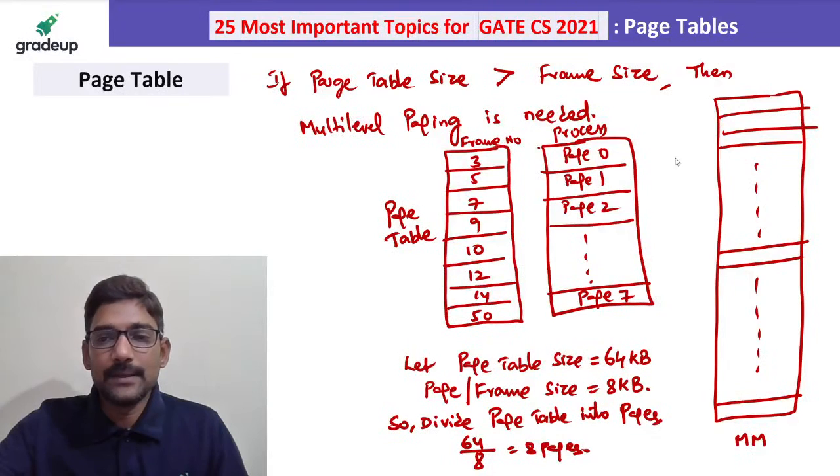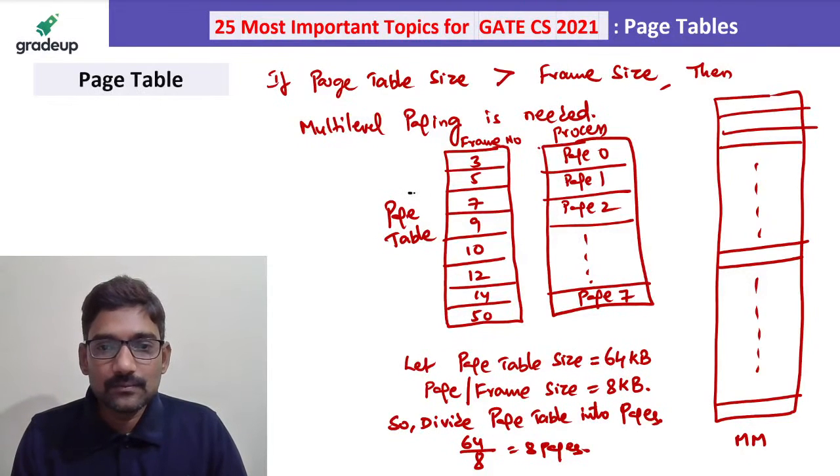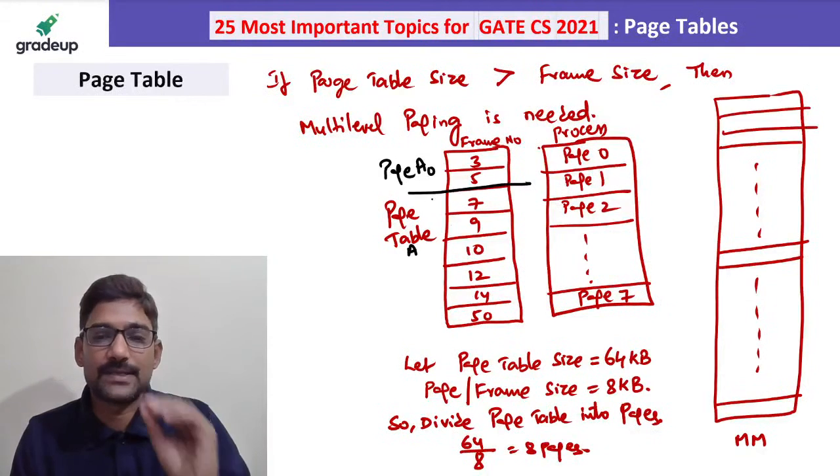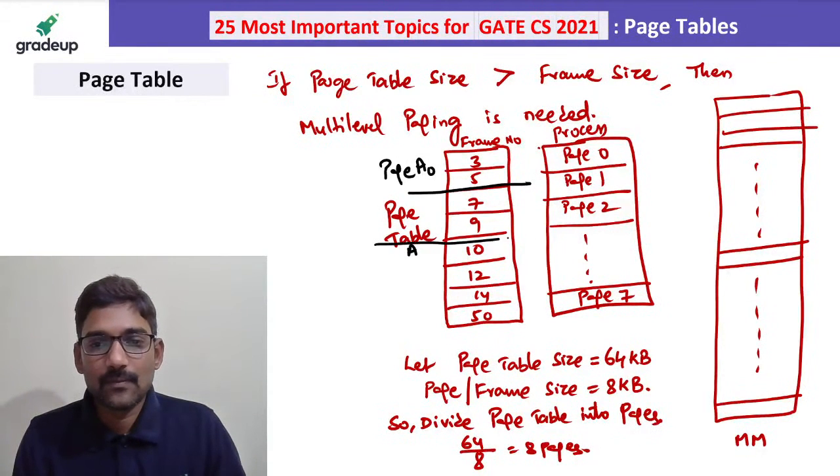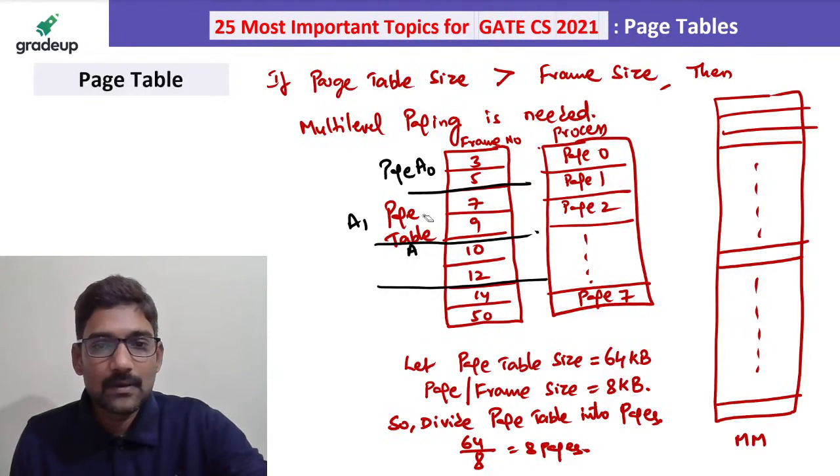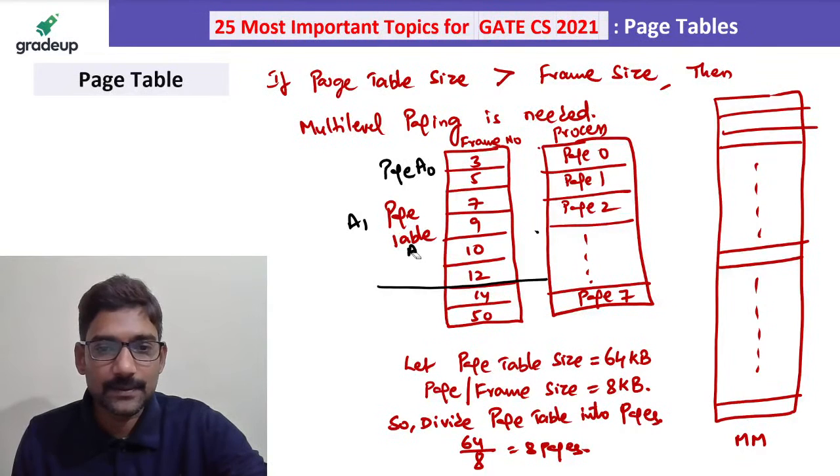So I am dividing this page table into pages. See here. This is one page. Let's say this is page table A. So this is the first page, A0, of page table A. This is A1. Okay, 8 pages, right?